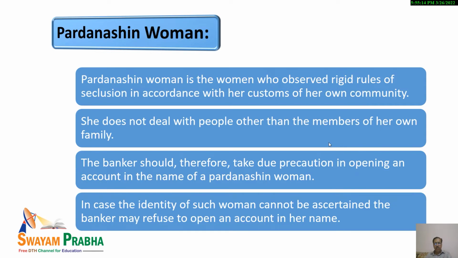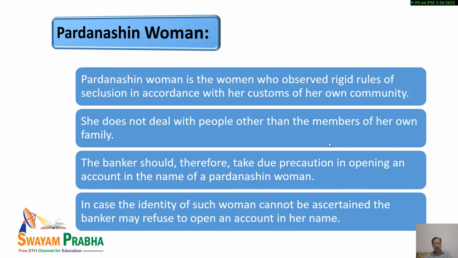So it is allowed, it is their own custom, and it should not be disputed. Such Pardanashin women basically deal only with persons from their family, and they don't deal with persons other than their family members or their group.